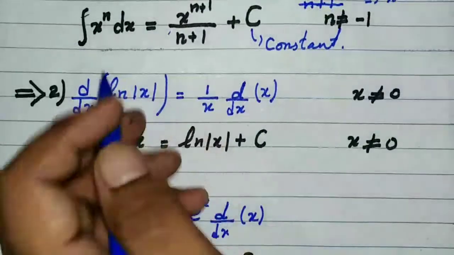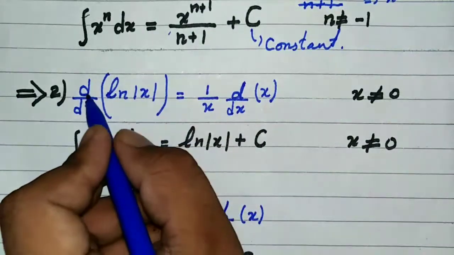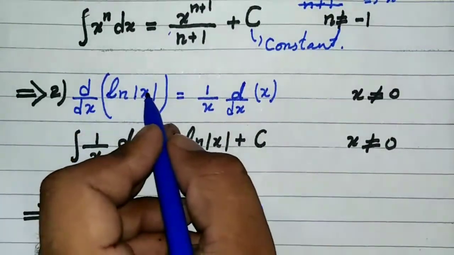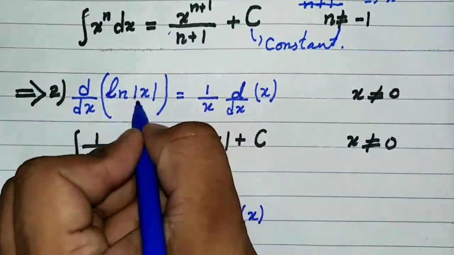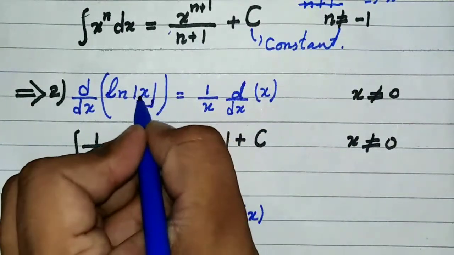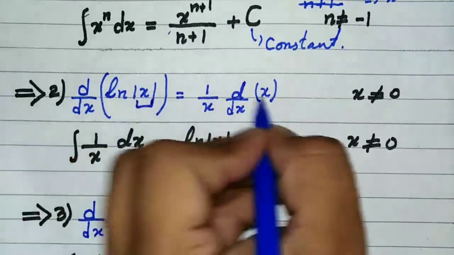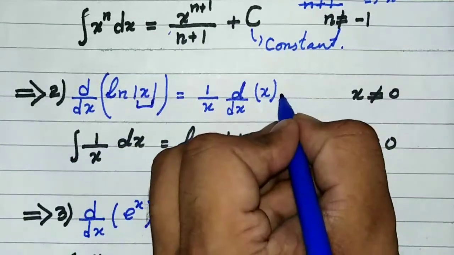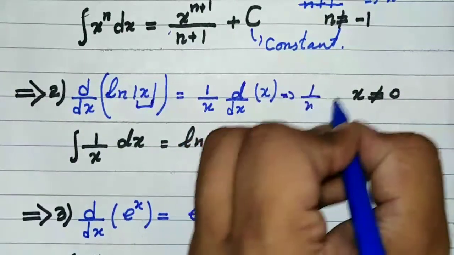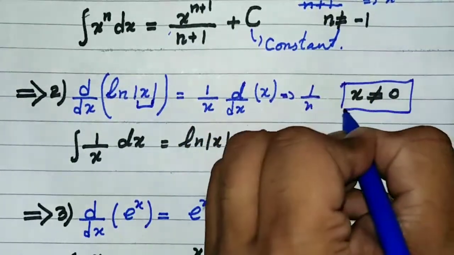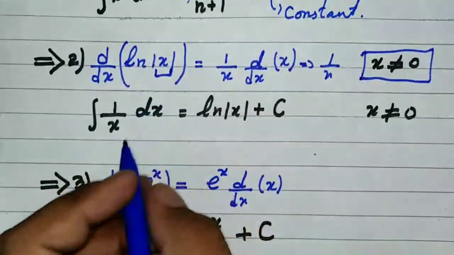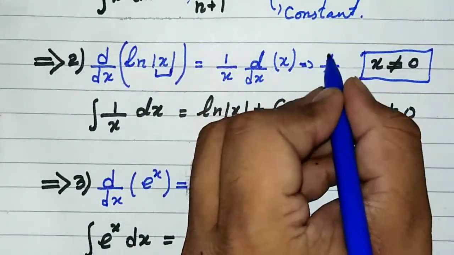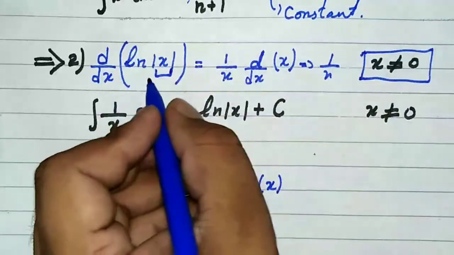Second is the natural log. The differentiation of the natural log is 1 over x, and the derivative of the term enclosed in the log is 1, so we get 1 over x. This is the restriction for the logarithm. So again, this is the derivative of this one.